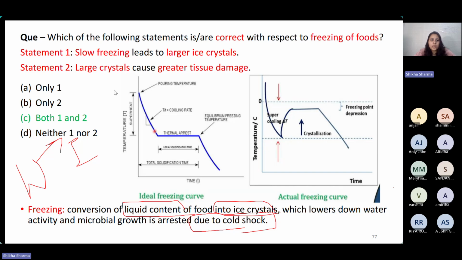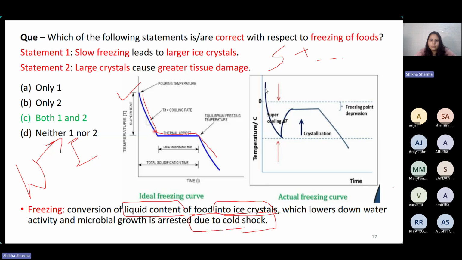So this is the ideal freezing curve, where we decrease the temperature. The thermal arrest will be there, and finally the equilibrium freezing temperature will be reached. But usually food has many different contents, like salt, sugar, and many other food components.